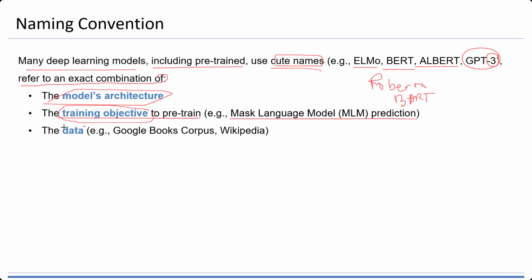And there will be data. What kind of data do they use for a pre-trained model? You will see later that some use Google Books, or some data from Wikipedia. They use it to build the model.